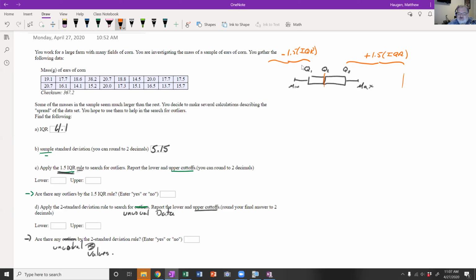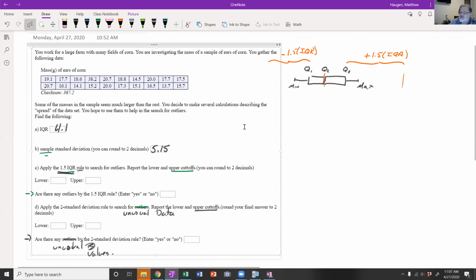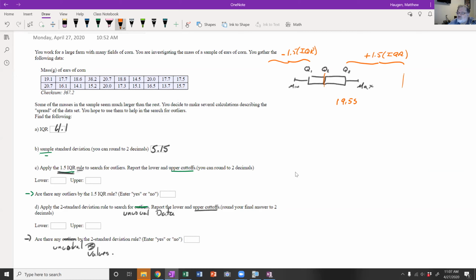So our Q3, well, I don't know what my Q3 is, but it is on the calculator. Our Q3 was the 19.55. So the 19.55 plus the 1.5 times the interquartile range, which, Alan, you said was 4.1. So we can find that value.